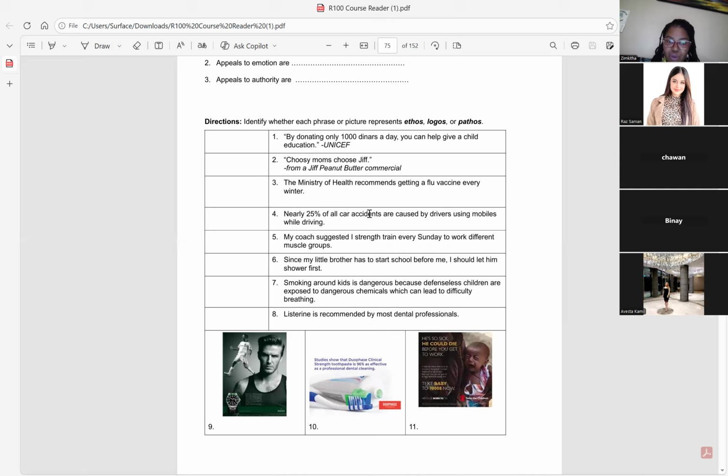All right. Chawan, number 4. Nearly 25% of all car accidents are caused by drivers using mobiles while driving. Look at the information. Which one would it be? Ethos, logos, or pathos? I think it's logos. Yes.